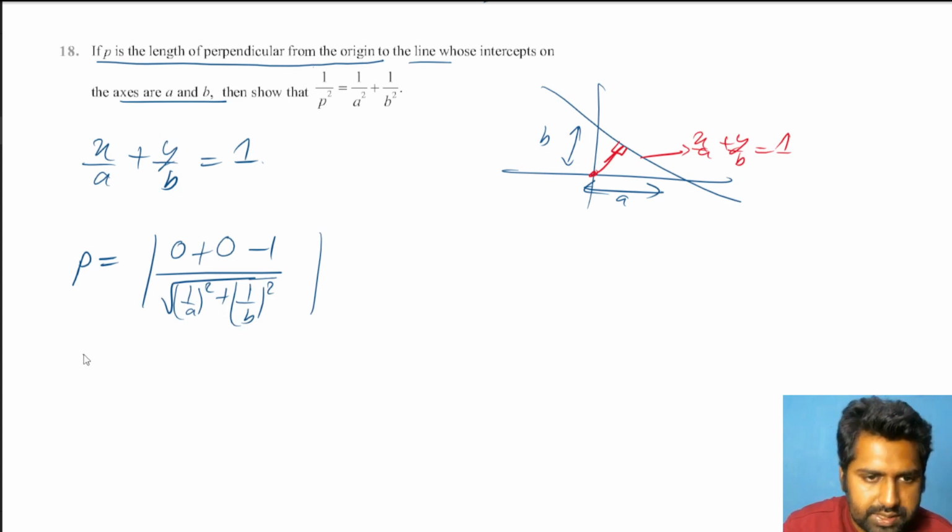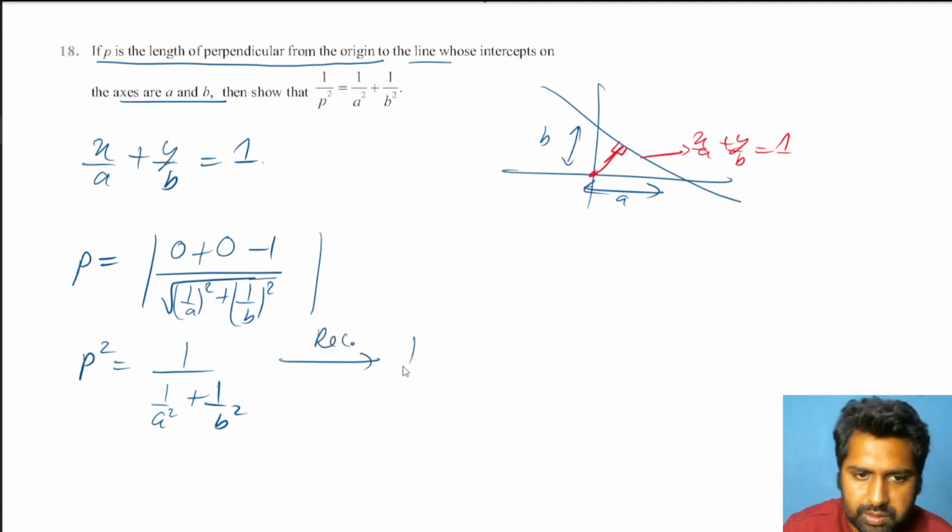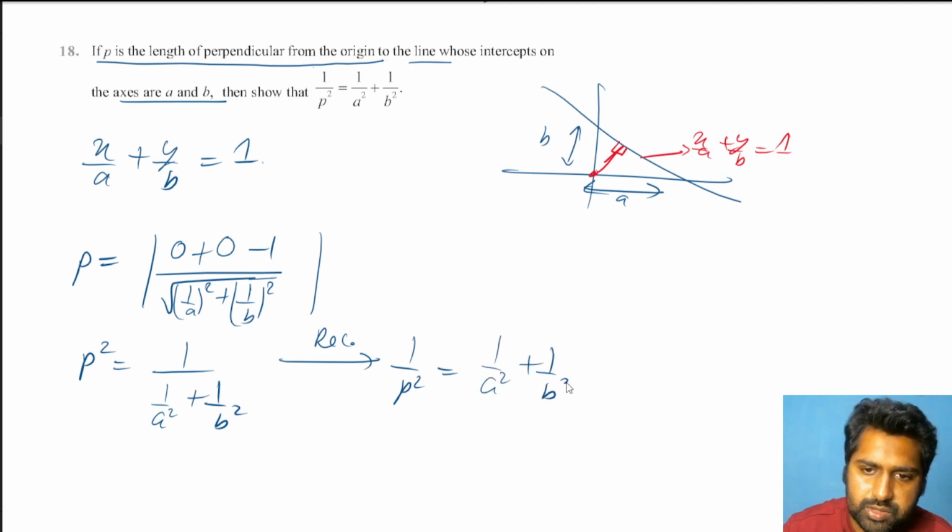Do the squaring both sides, because P square we have to generate. So P square is, because of the modulus, this will become positive, 1 upon 1 by A square plus 1 by B square, and do the reciprocal on both sides. So 1 by P square will be equal to 1 by A square plus 1 by B square.